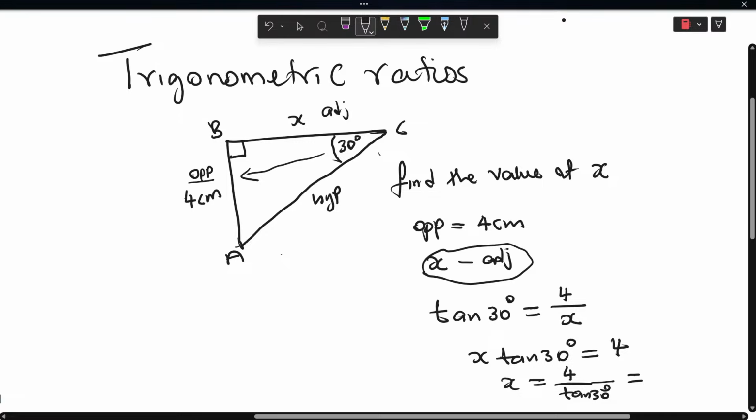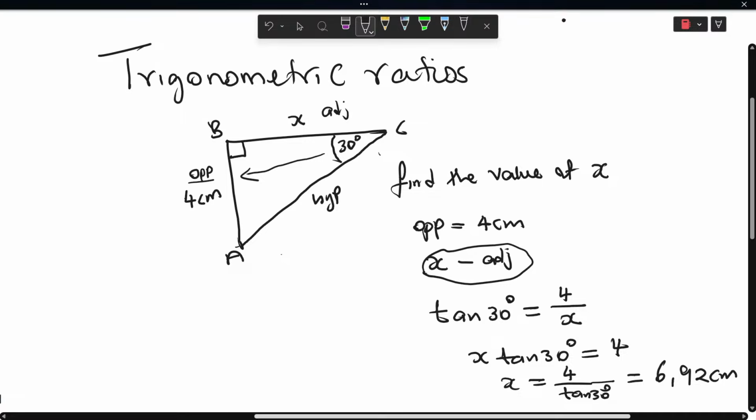Press your calculator and tell me so that we can do some questions. Right, thank you. That is 6.92 centimeters. All right, thank you.